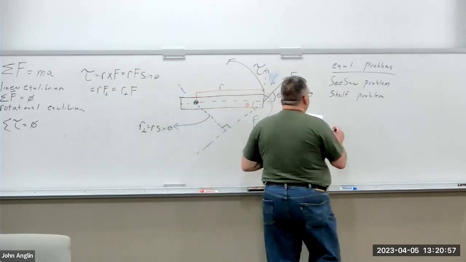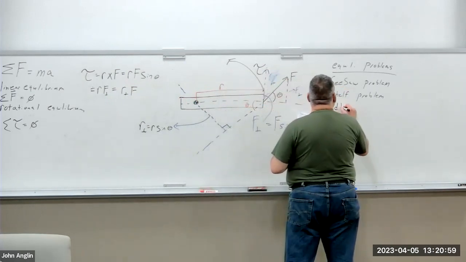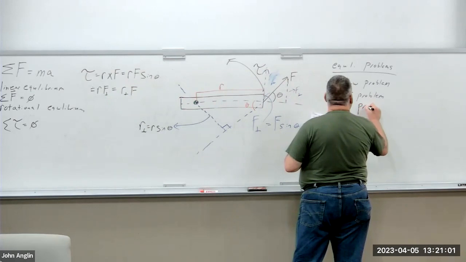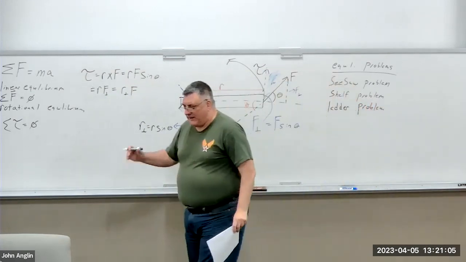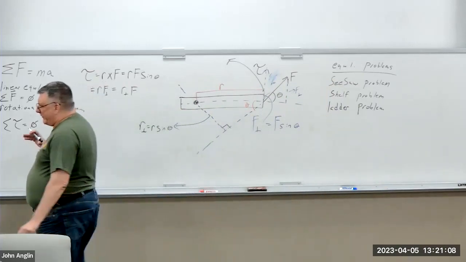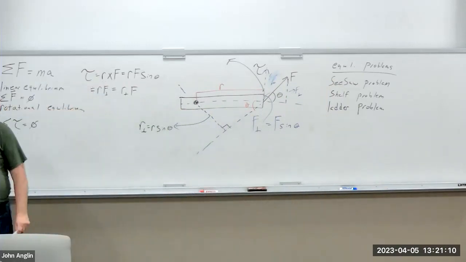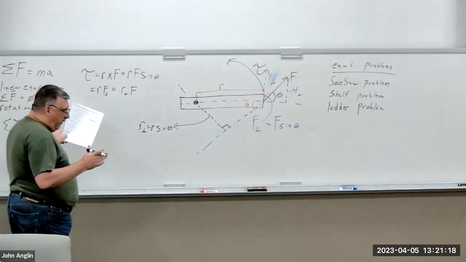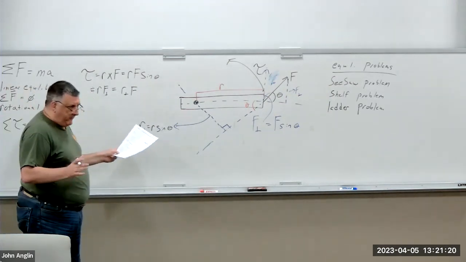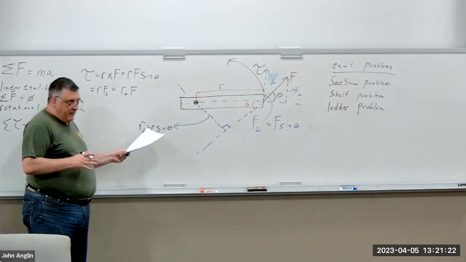And the final one is called the ladder problem. So the ladder problem looks really similar to the shelf problem. They're very closely related. The ladder problem is if I have a wall, a ladder leans against the wall.